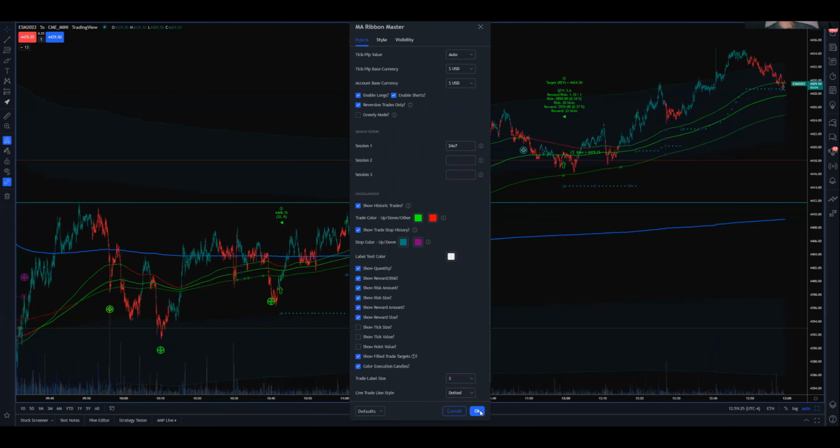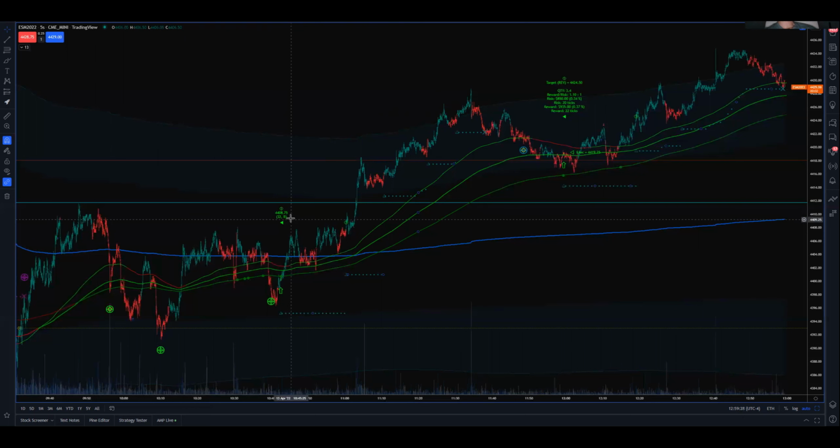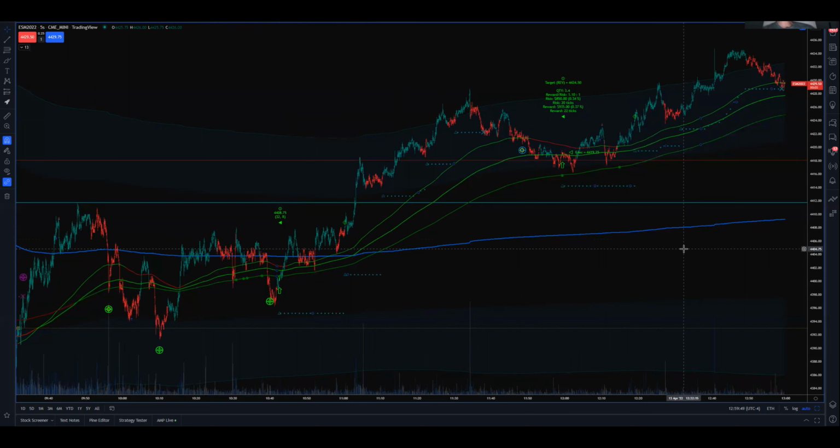If you turn this on, it will turn on all the historic trades, so you don't have to hover over the tooltip, but I like it so that it hides the previous ones and you have to hover over, because I am all about removing all clutter from the chart. It's important for me to have that option to remove all the clutter, but if you want them on, you can have them on.